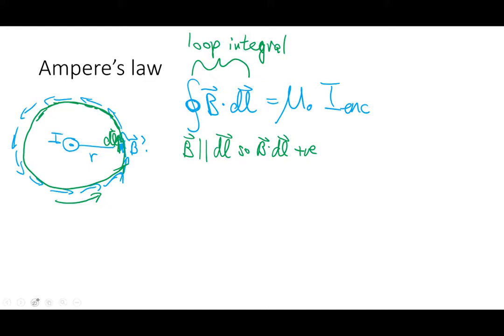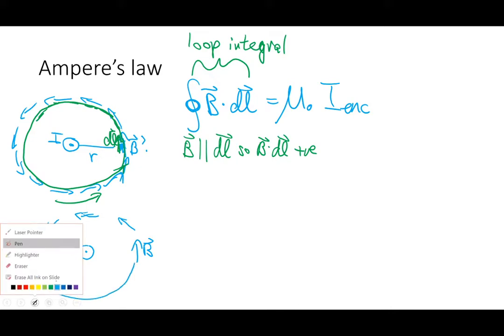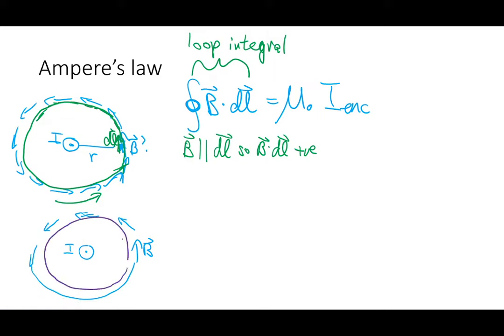But if we take the exact same case and we choose to integrate in the clockwise direction instead, then at these points, your B would be in the opposite direction. So your dot product will evaluate to negative instead.